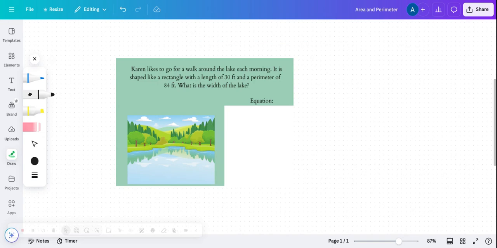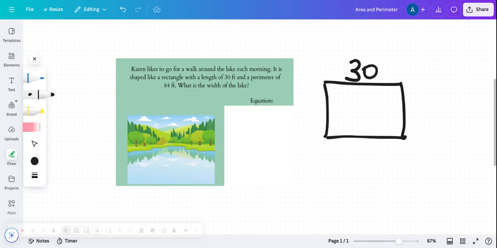I know that this shape is going to be a rectangle, so I'm going to draw a rectangle. I know that the long side of the rectangle is going to be 30 feet, so I'm making sure that I label both sides. And then I know that the perimeter is 84 feet. Whenever I know area or perimeter, I'm going to put that information in the middle of my shape, and this represents a total.